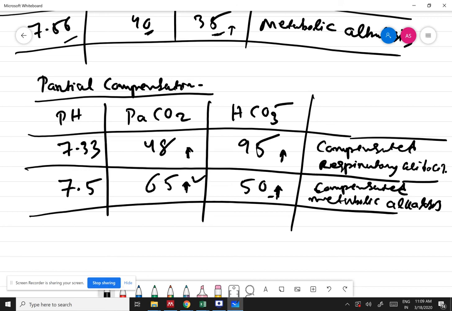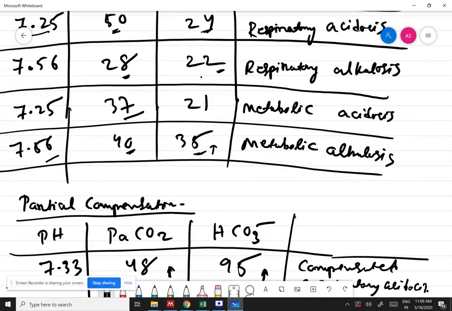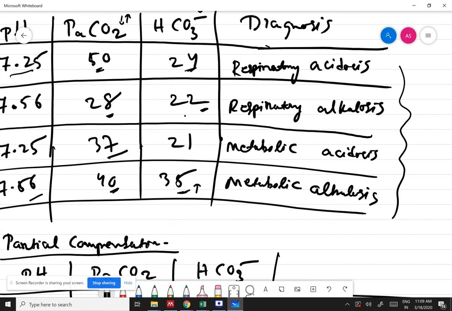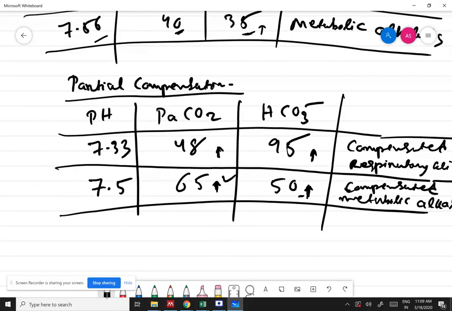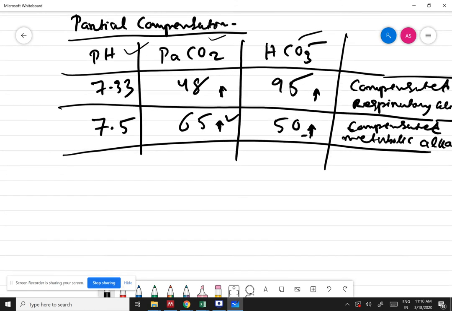Okay, but to actually find out whether it is respiratory alkalosis or to get one of these actual diagnostics, you need these three parameters. So only a pulse oximeter will not be sufficient, but that can definitely give you some indication of where the acidity of the blood is going.